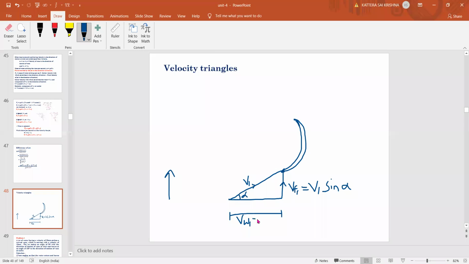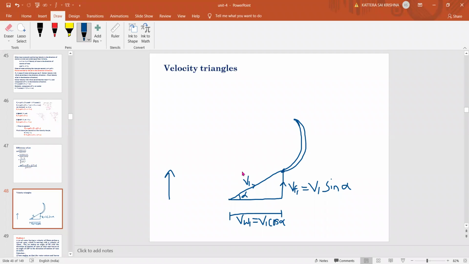Since we are taking it at the inlet, the number 1 is given. So vw1 is called the velocity of whirl at inlet. When we resolve v1 in the horizontal direction, we get v1 cos alpha.